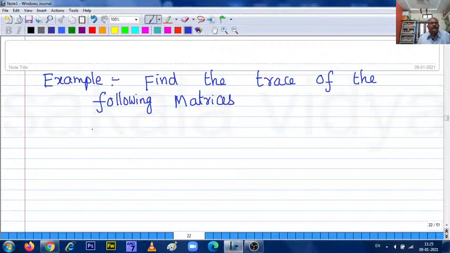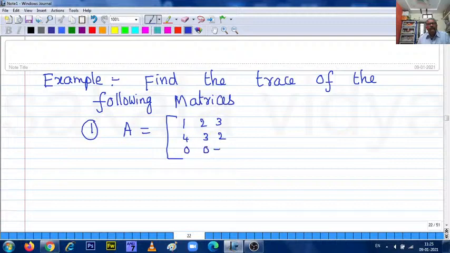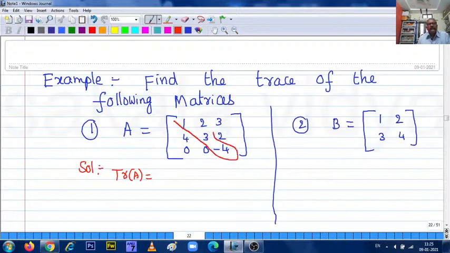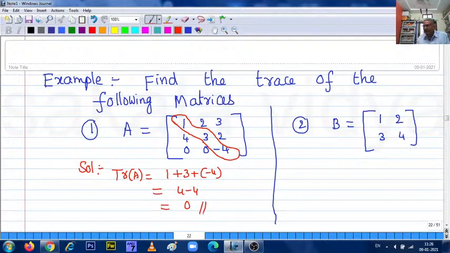First matrix, A equals 1, 2, 3, 4, 3, 2, 0, 0, minus 4. This is the principal diagonal. That means 1 plus 3 plus minus 4, so 4 minus 4. 0 is the trace of this matrix.